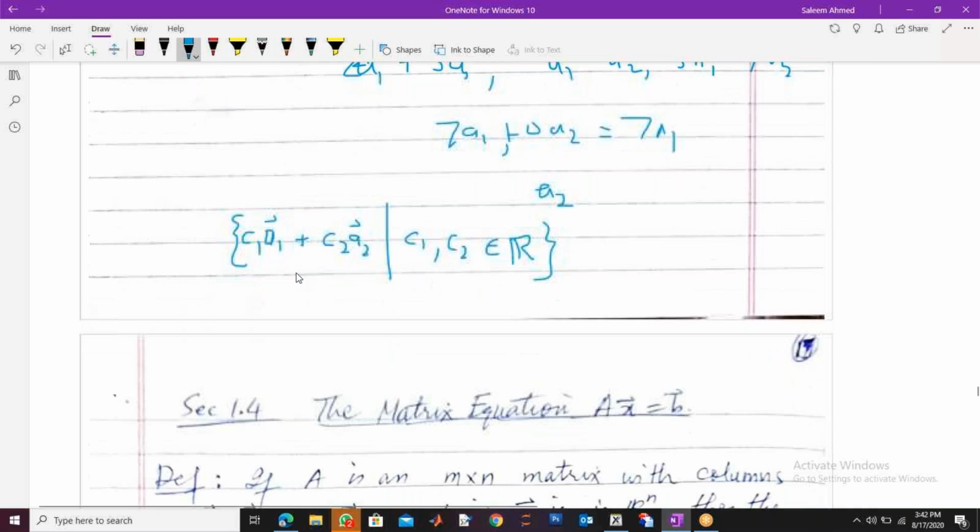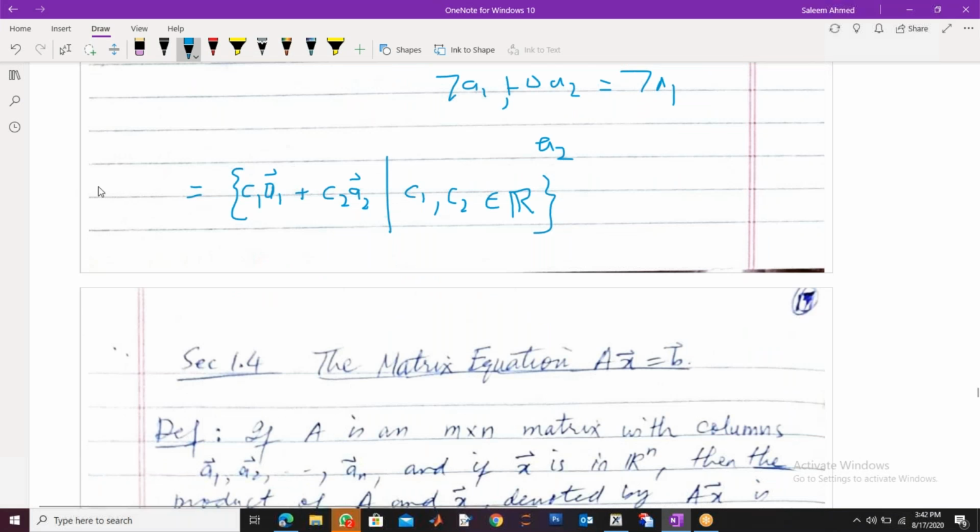We have a name for that. We call it a span. We call it the span of A1 and A2, written as span of A1, A2. If I give you any vectors and ask you what is the span of A1 and A2, that is the set of all linear combinations of A1 and A2.